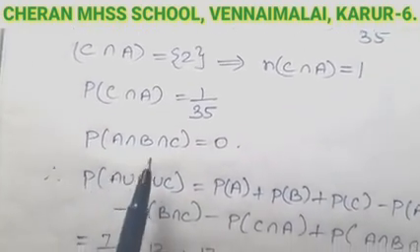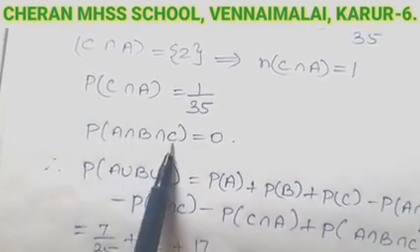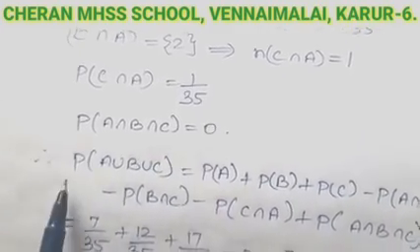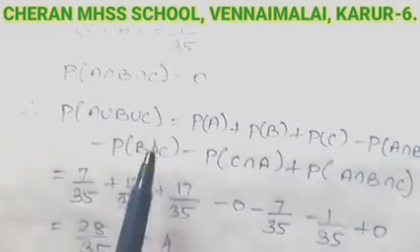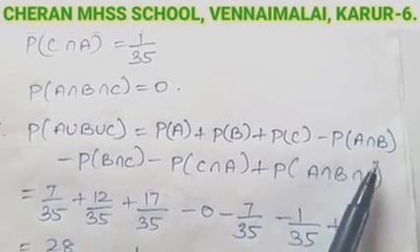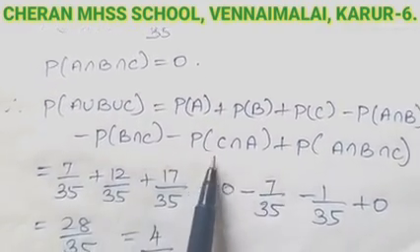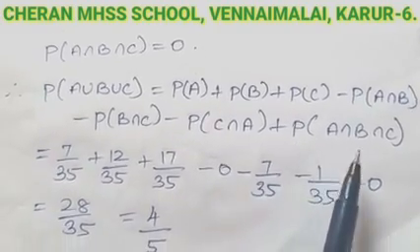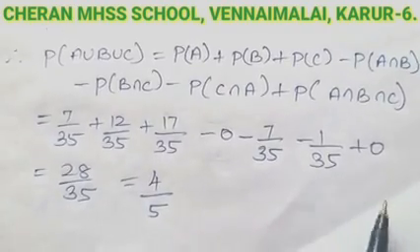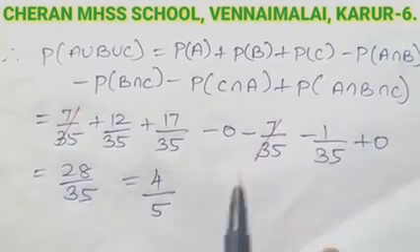P of A intersection B intersection C, common in all the three, A, B, C. Common in all the three is nothing. So it is 0. Therefore, P of A union B union C is equal to P of A plus P of B plus P of C minus P of A intersection B minus P of B intersection C minus P of C intersection A plus P of A intersection B intersection C. So we substitute the values here: 7 by 35 minus 7 by 35 get cancelled.